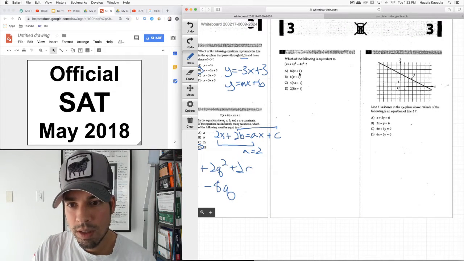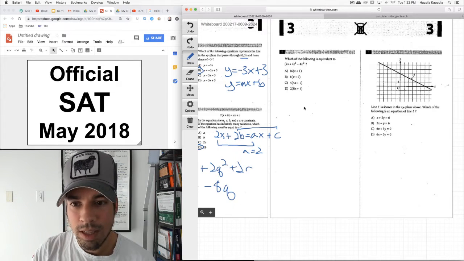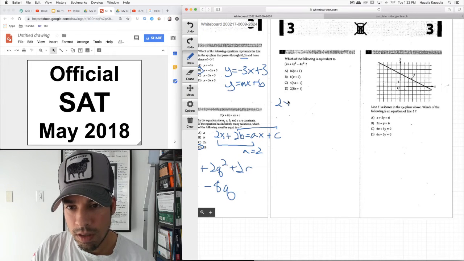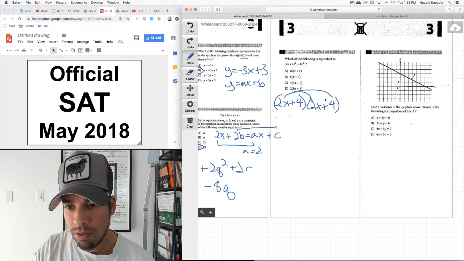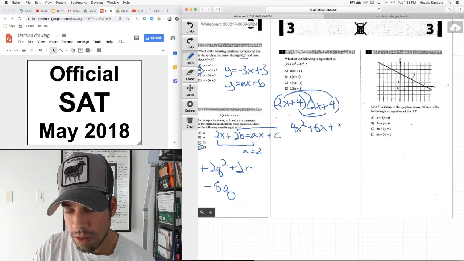Which of the following is equivalent to this? All right, look, straight away, I've told you guys this over and over: if you see something like this, just FOIL it. Multiply it. That's it. 2x plus 4 times 2x plus 4. If we FOIL, I get 4x squared plus 8x plus 8x plus 16.